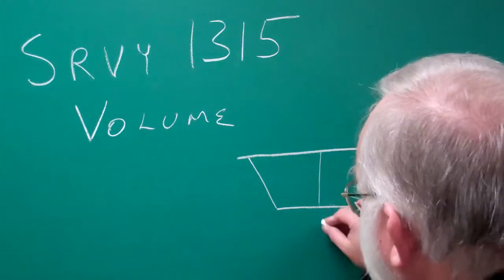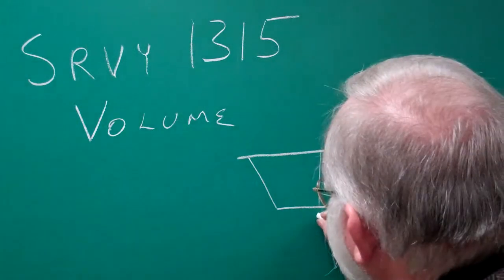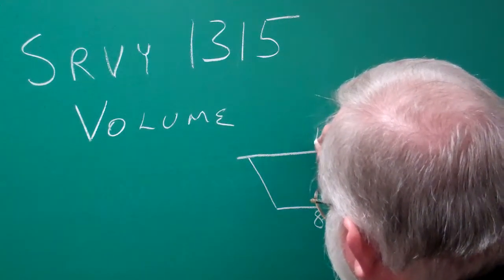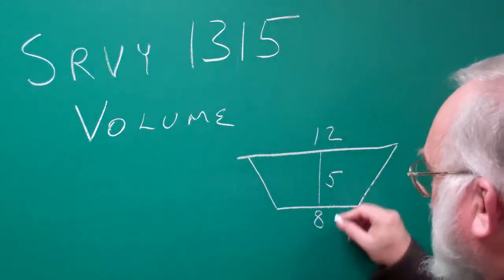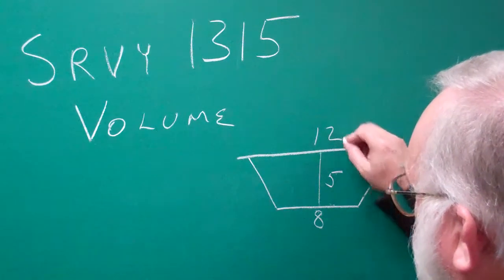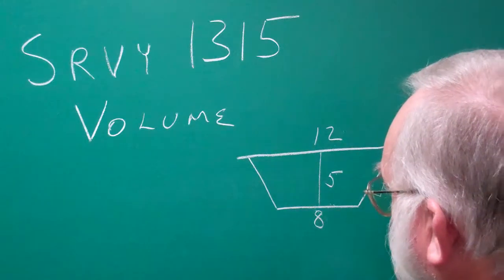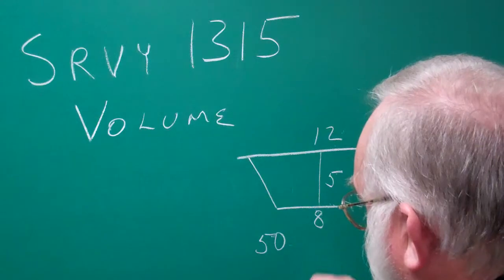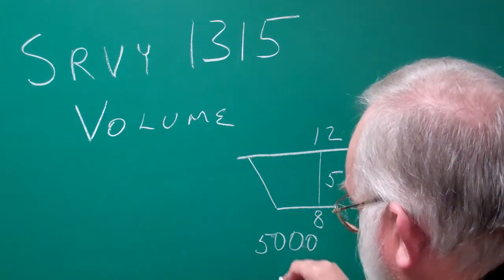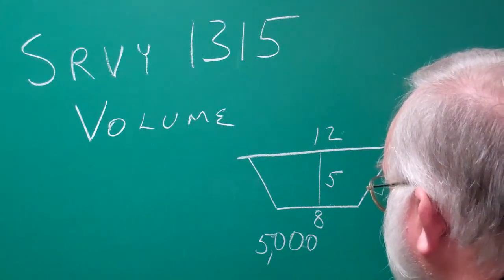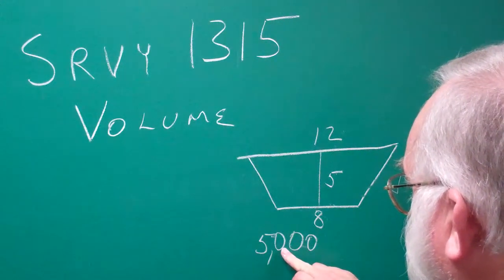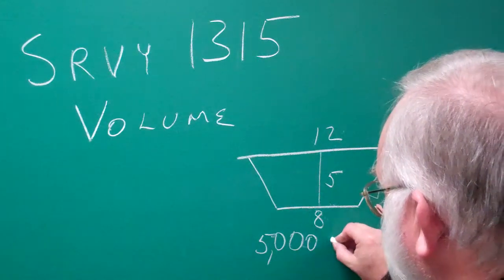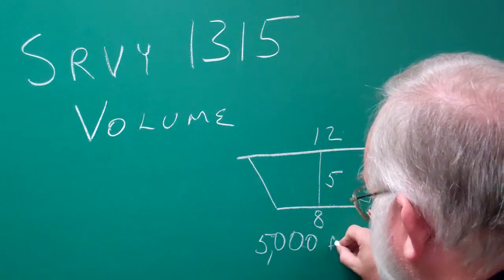Say it's 5 feet high, 8 feet and 12 feet wide. The average of 8 and 12 is 10, times 5 is 50. If it's 100 feet long, you have 5,000 cubic feet.